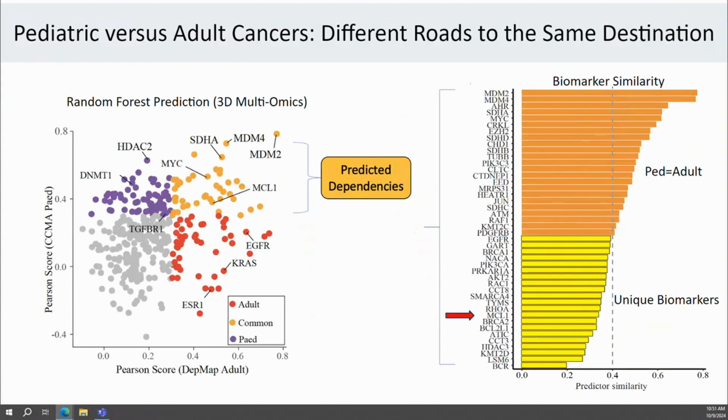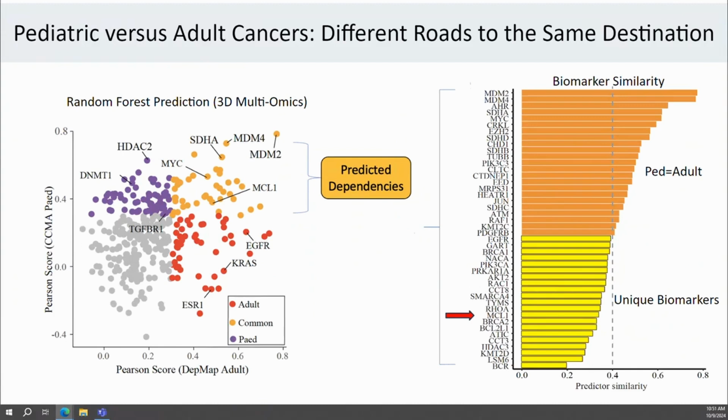Claire and Paul took these genetic vulnerabilities that are occurring in pediatric gliomas, and they asked, are there molecular features that correlate to these genetic dependencies? And are these molecular features the same or different between pediatric and adult cancers?